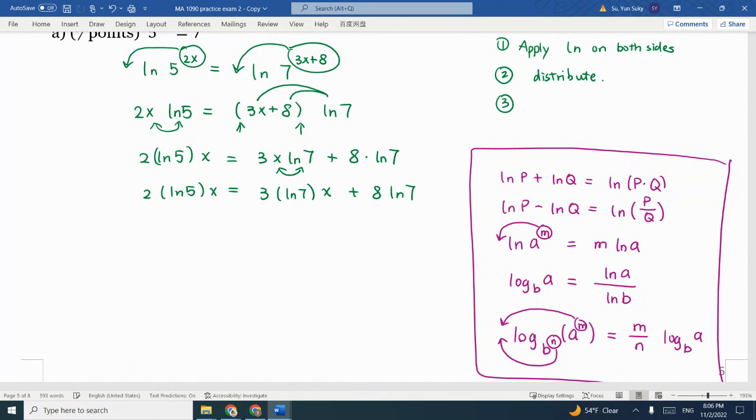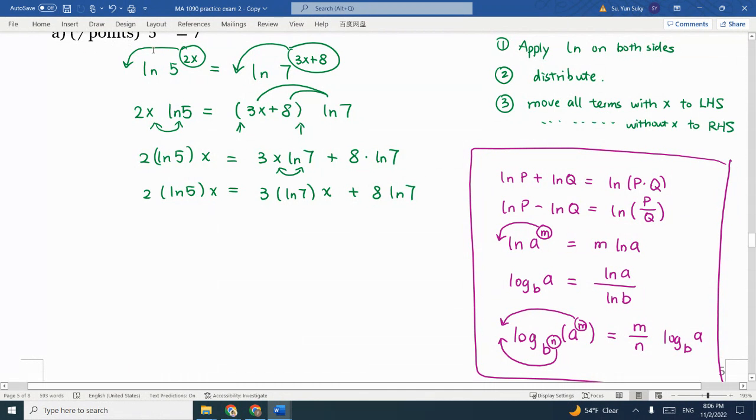And then, because we want to solve for x, we move all the terms with x to the left hand side, and we move all the terms without x to the right hand side. So that is the third step. On the left hand side, this term has x, so we keep it on the left.